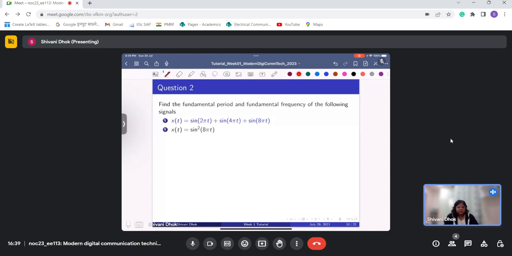So I thought of including that also as it counts as one of the basic things that we need in order to proceed to understand digital communication systems. So let's do that also.